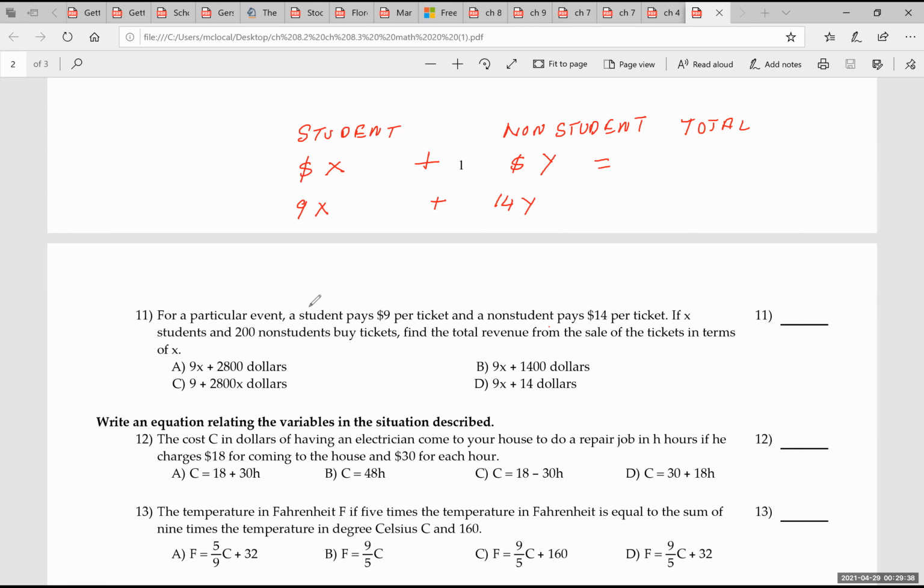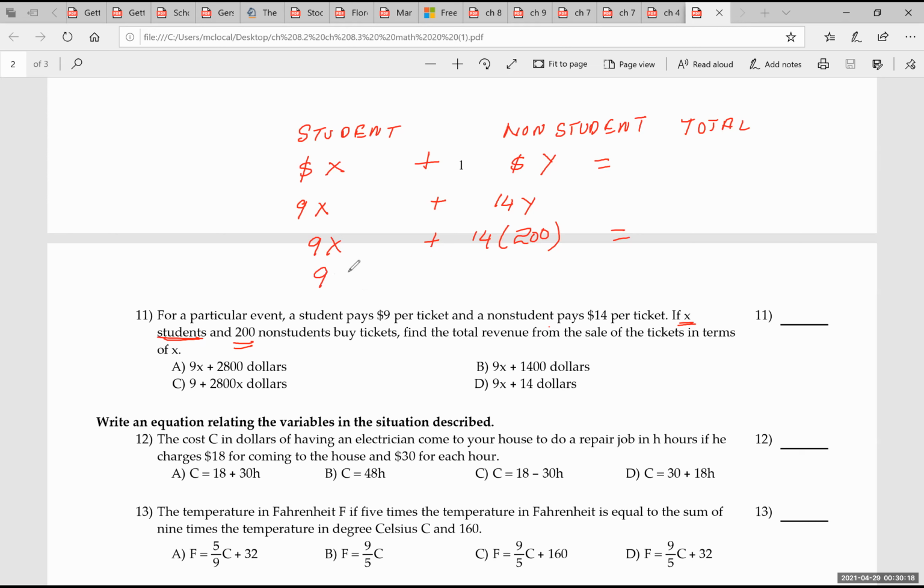If X students and 200 non-students buy the ticket, here we have X for students, so we don't have the number of students, they've given you an X value, but for the non-students, they're giving you a number. So we have 9X plus 14 times 200, which is equal to the total dollar amount.